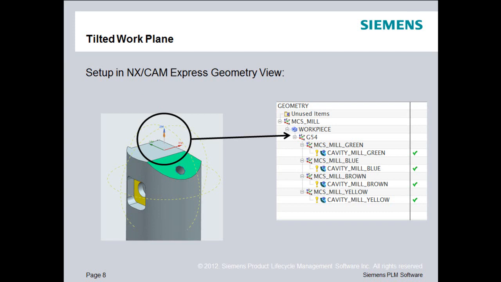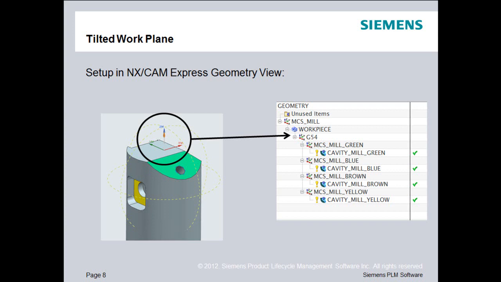So to set up NX CAM in the geometry view, we need to have multiple machine coordinate systems. And I'm going to go through them here, and then we'll go through an actual demonstration in just a minute. So to set that up, we have an MCS mill that is really the tool change point, or the machine home, the Z0.